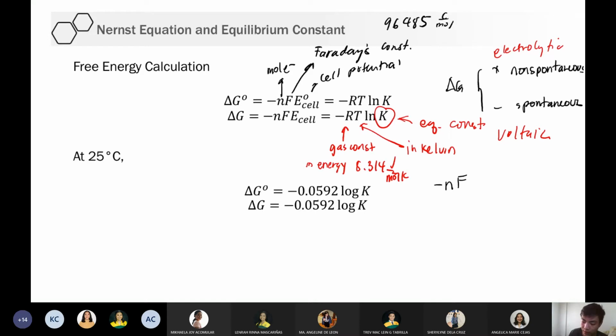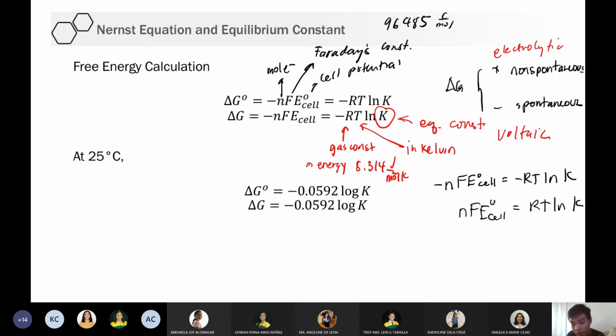We have negative nFE cell equals negative RT ln K. Tanggalin mo lang yung negative. Sinulat ko ulit. Tanggalin mo lang yung negative. Yun, you can solve for the K. Ayun, pwede mo na makuha yung K.